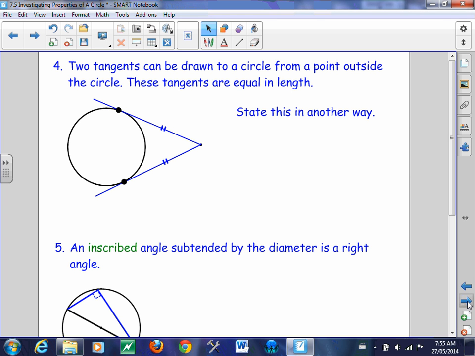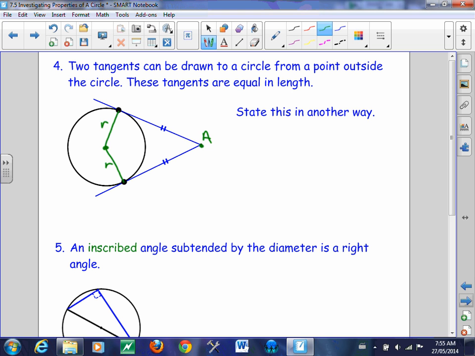Number 4. 2 tangents can be drawn to a circle from a point outside. So let's pretend this is point A. These 2 tangents are equal in length. Remember that in the center here, we've got the center of our circle, and each of these are going to be radii of equal length.